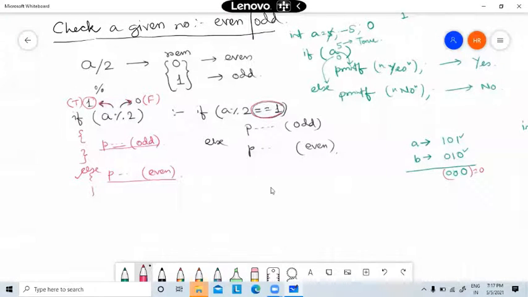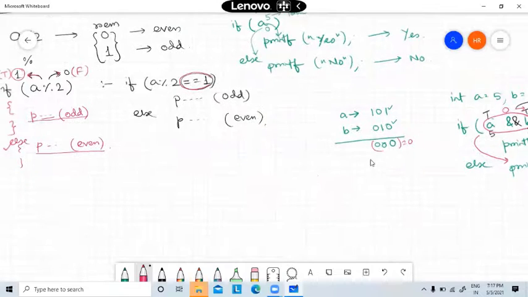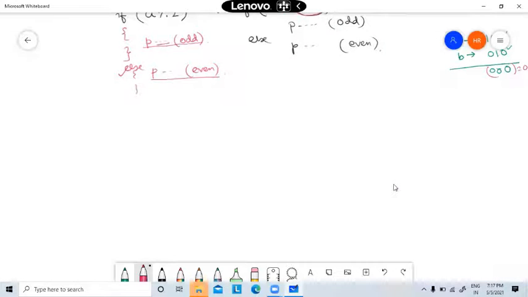Now I can do this even by checking with bitwise AND. Just look at this. Suppose the value a is 5. So I know a is odd. So if I write it like this, a and 1, printf. What is the binary value of 5?